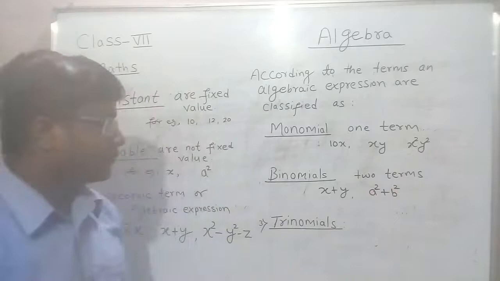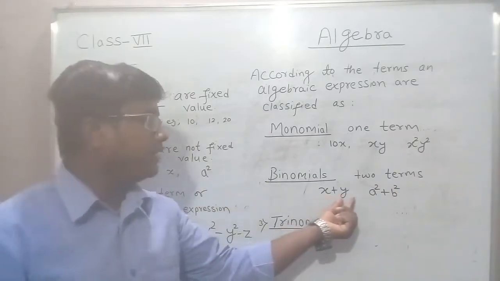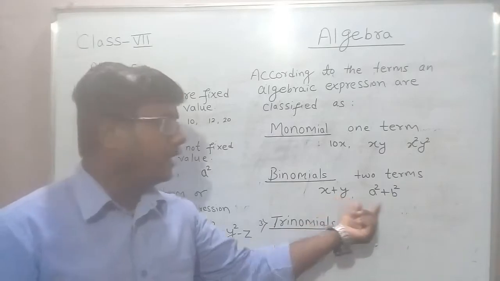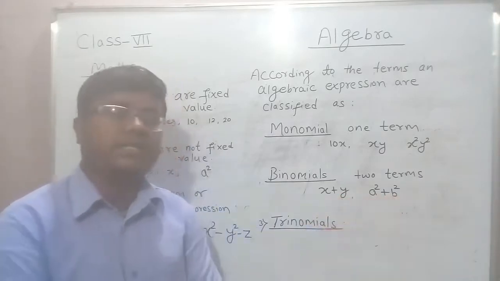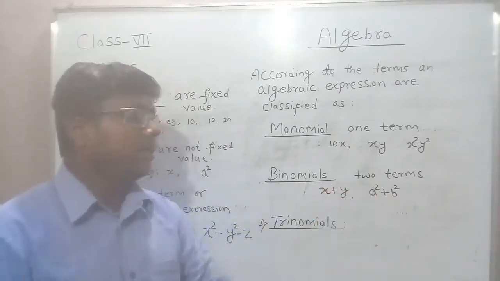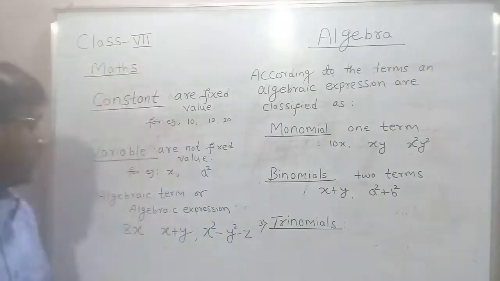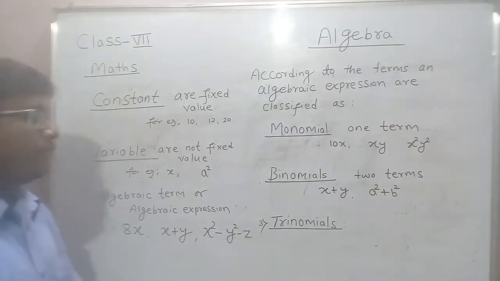In the first, x is the first term and y is the second term. In the second, a square is the first term and b square is the second term, so it has two terms. So this is a binomial. In the previous example also, x plus y was a binomial.